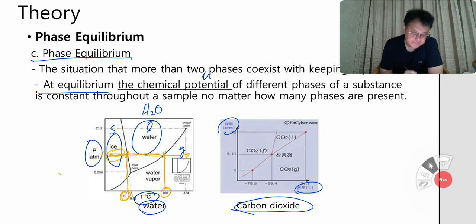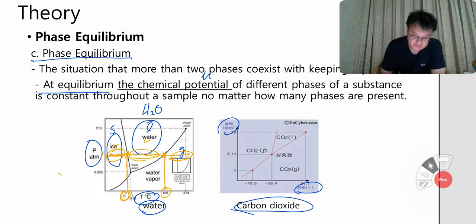So here, solid shows the lowest chemical potential. Here, the liquid phase shows the lowest chemical potential. Here, the gas phase shows the lowest chemical potential. And at that point, solid and liquid show the same chemical potential.